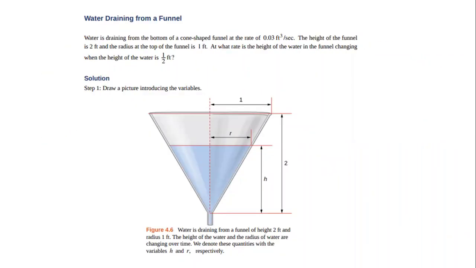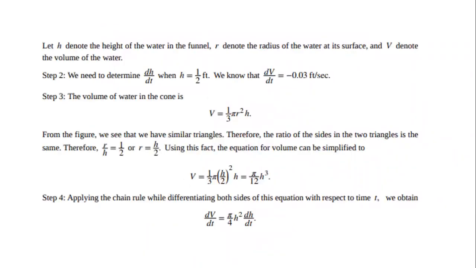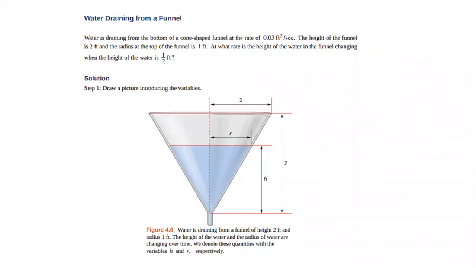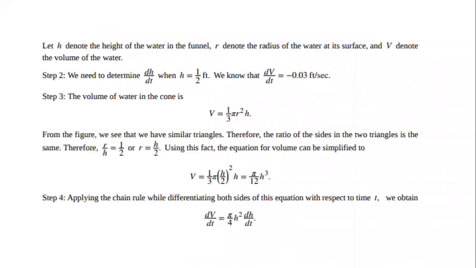So the first step is to draw a pictorial diagram that represents the known and unknown values. Okay, let h denote the height of water and r denote the radius at the surface, and V is the volume inside, or the volume of the water.